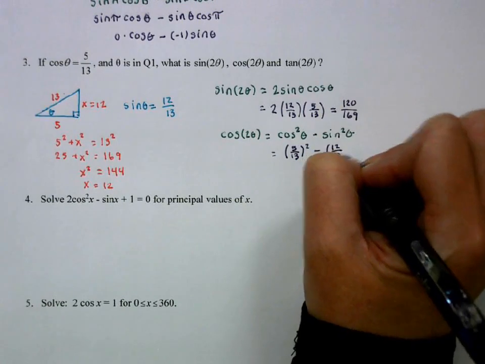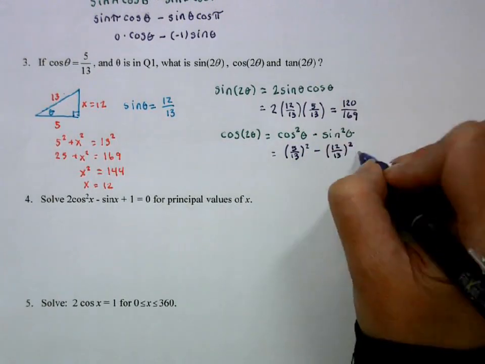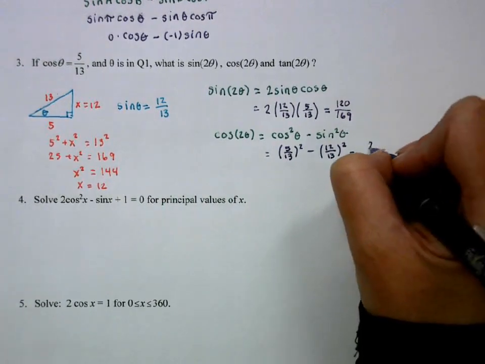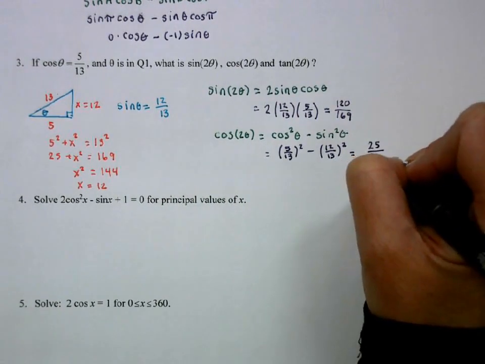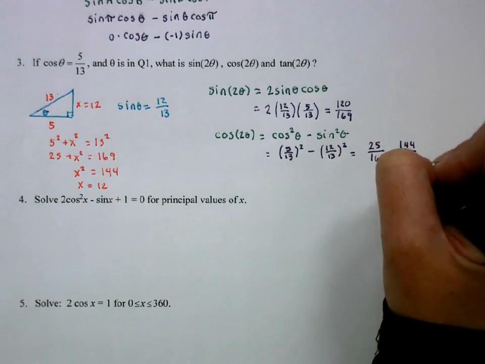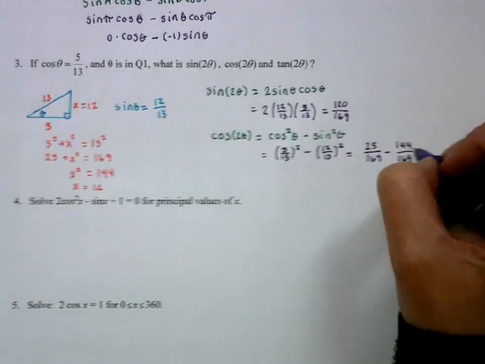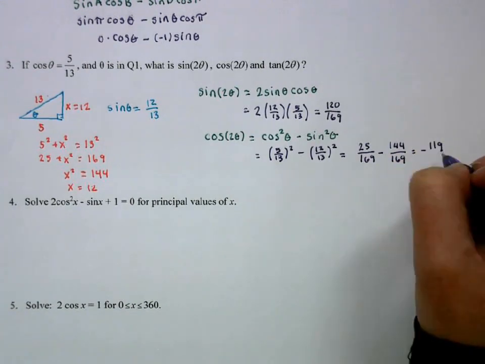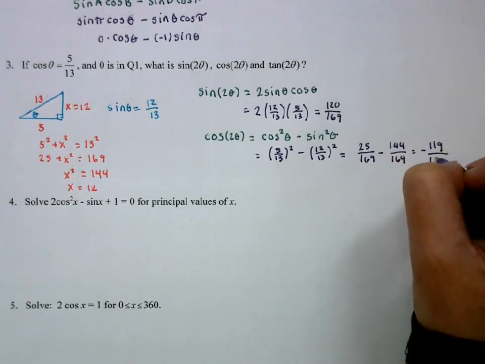So I'm going to leave some space for tangents. I'm going to work sideways. So we're going to have 25 over 169 minus 144 over 169, which is a negative 119 over 169.